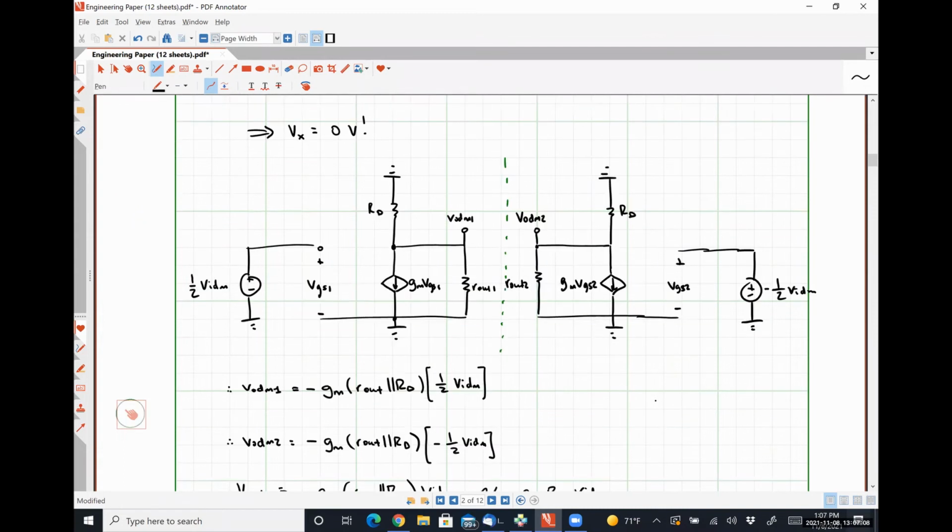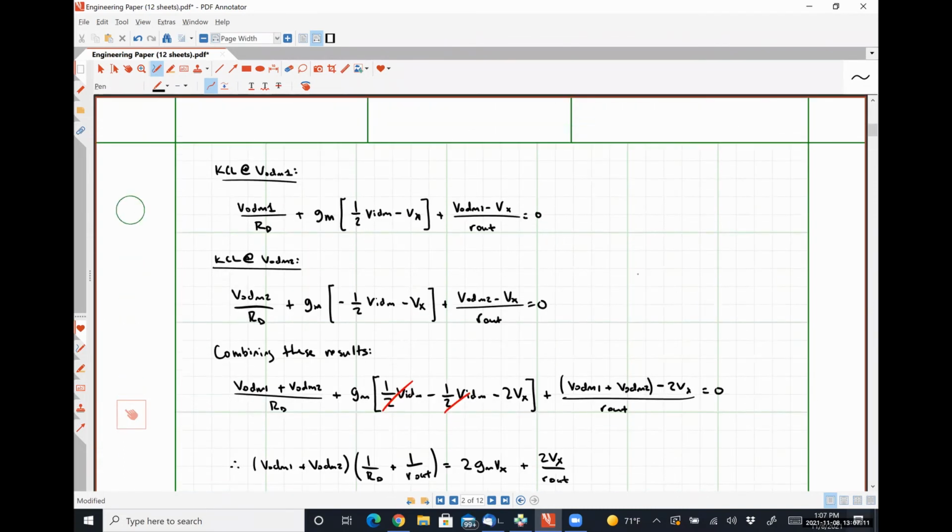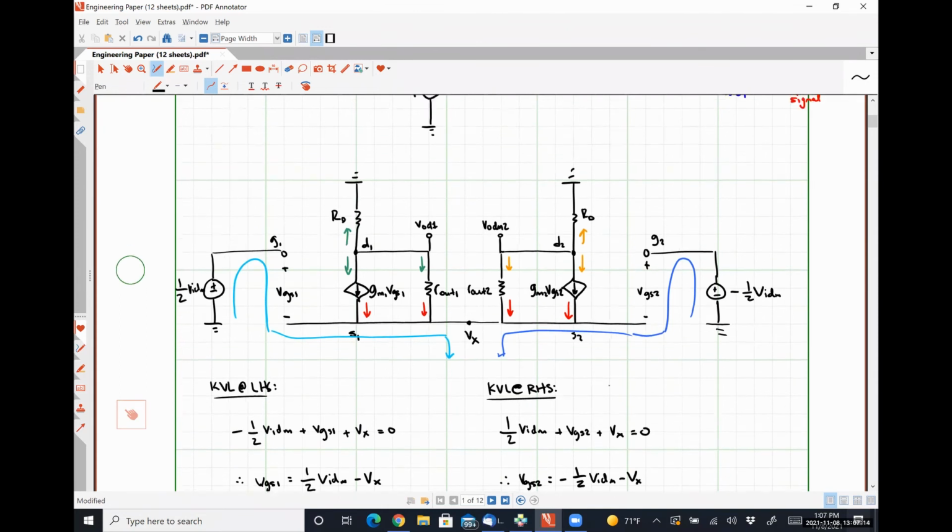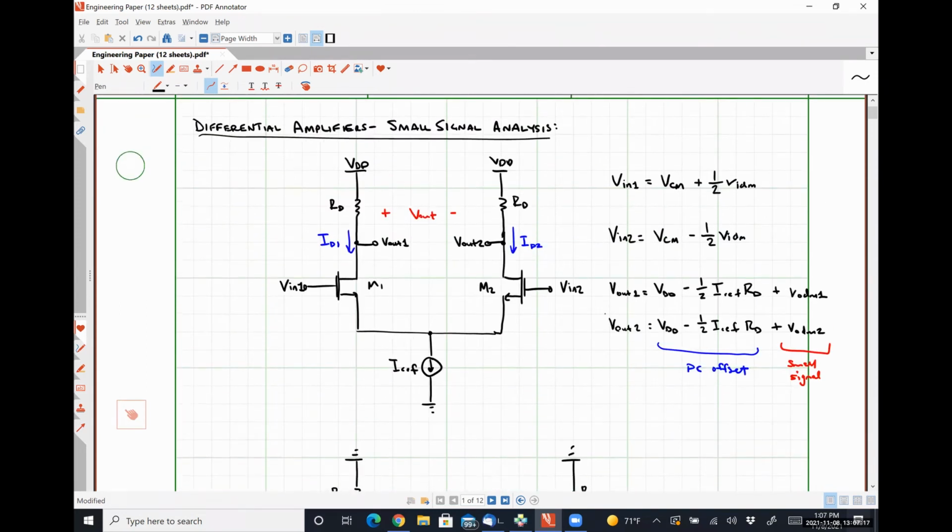So let me go back to this guy from a couple minutes ago, right? What we found our gain to be effectively was negative GM times the output resistance we saw looking in, where it was just what we saw up in parallel with what we saw down.